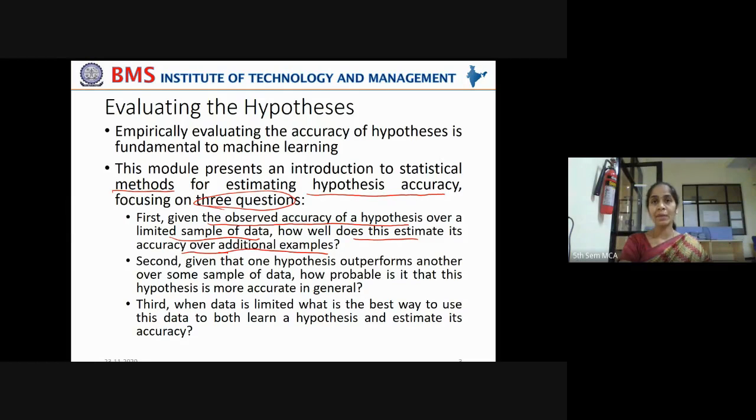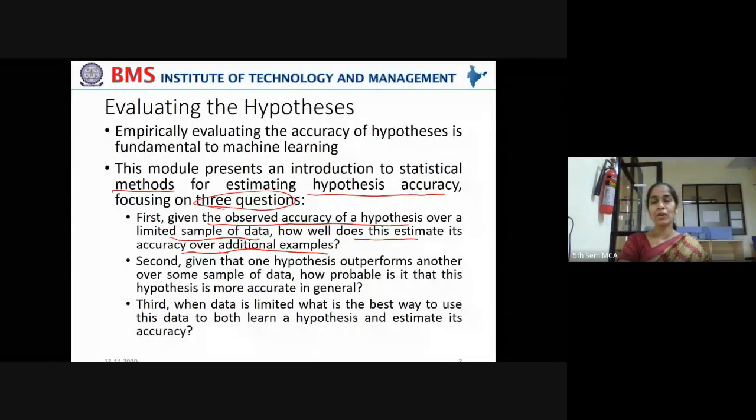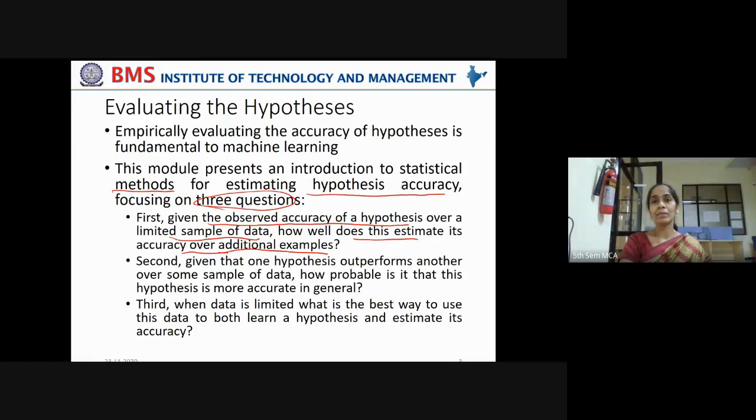That means 5 boys, 5 girls, or 10 boys, 10 girls. If I take only 2 girls' information and 20 boys' information, that is not a representative sample. The sample should be representative of the population at large. That is why I have to take an equal number of male and female students. My sampling should not be biased to a specific category.